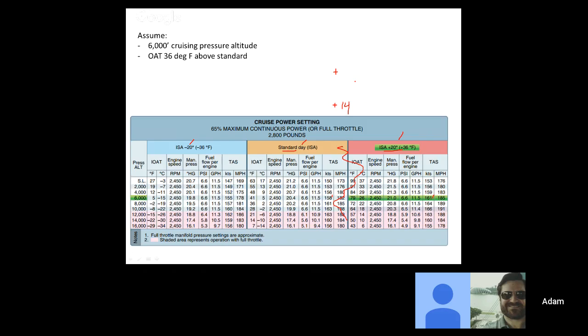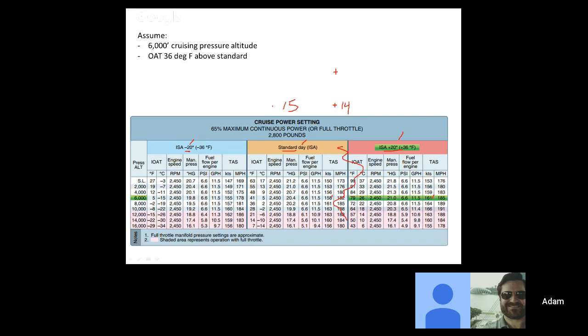Actually, let's go in the opposite direction here. We're going to plan our flight in a colder temperature. So standard day is going to be 15 degrees Celsius, and I've got minus 20 here. So I've got a 35 degree delta between the two tables. And for the sake of argument, we'll try to pick something like halfway in the middle.